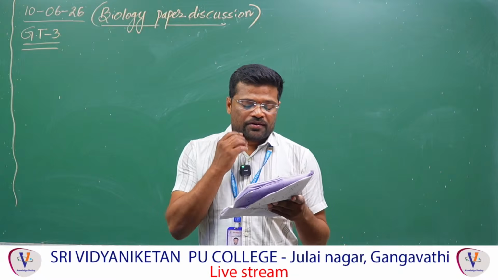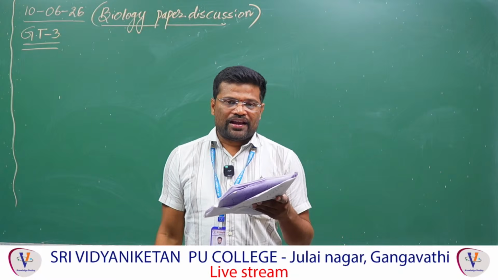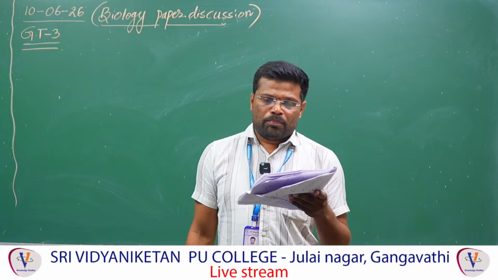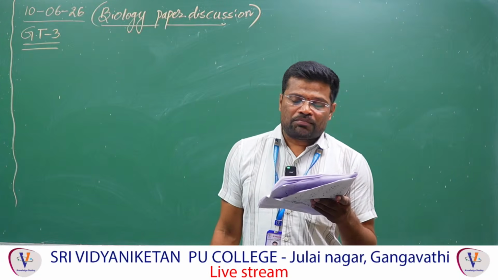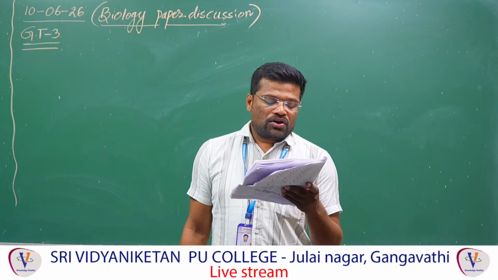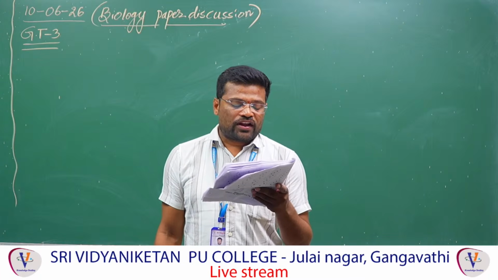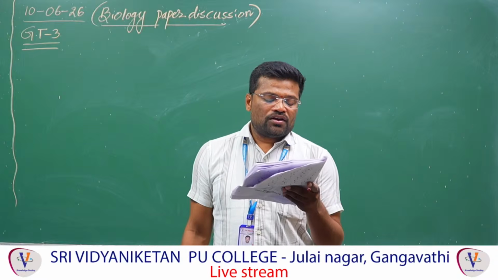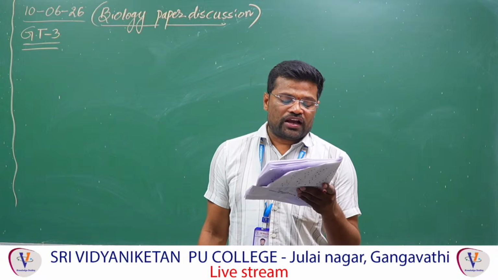Question number 119, match the column regarding extinction of species. Here dodo bird was extinct in Mauritius. A3. B, quagga was extinct in Africa. Quagga is a kind of zebra. C, thylacine was extinct in Australia.